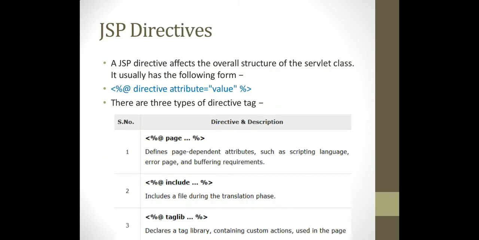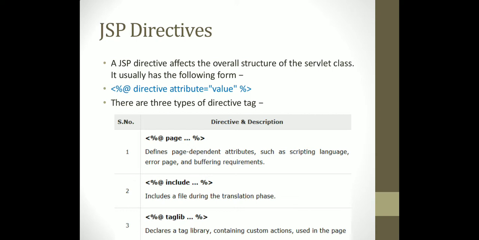Then JSP directives. The JSP directive affects the overall structure of the servlet class, and it usually has the form of a directive, attribute, and value. There are basically three types of directive tags.